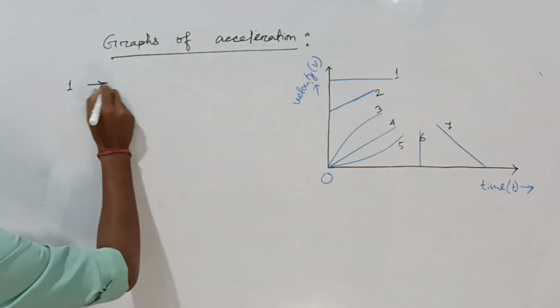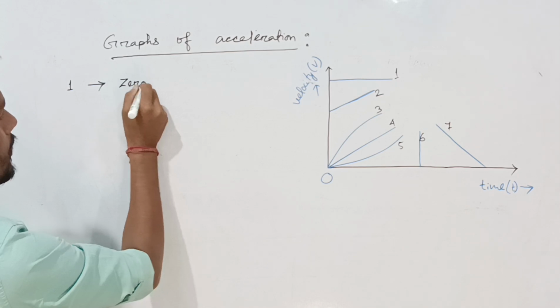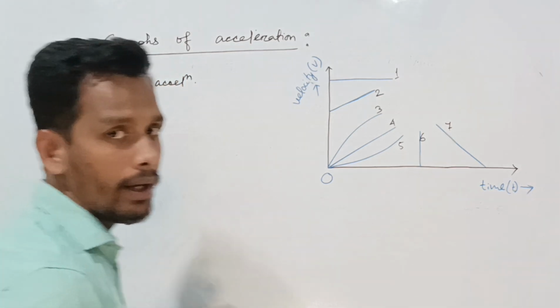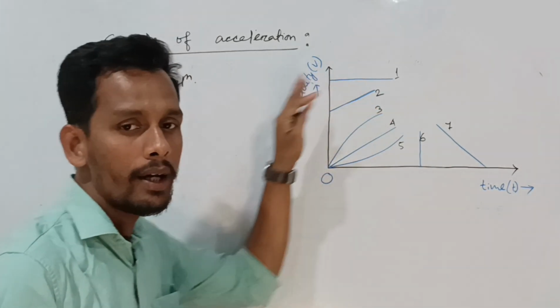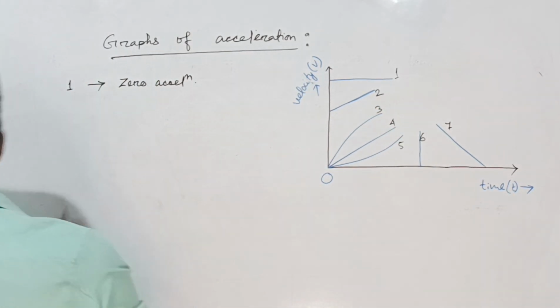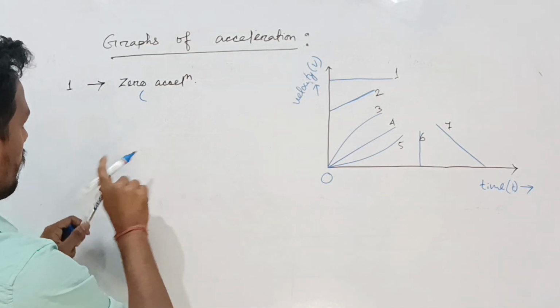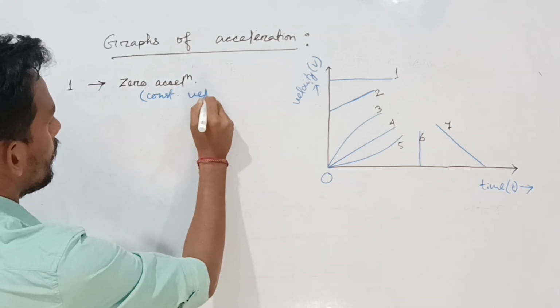In that case, this graph 1 is called zero acceleration. If velocity is not changing, velocity is constant, it means zero acceleration, or constant velocity.